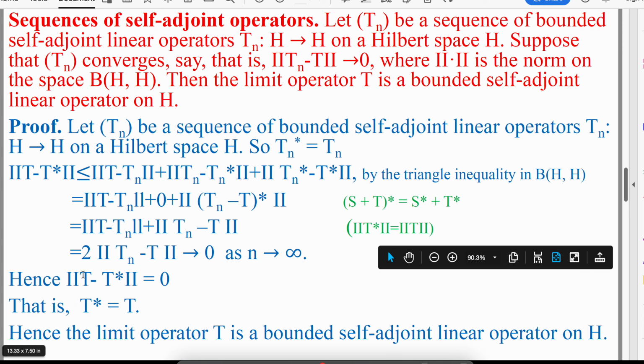It means the norm of T minus T star equals 0, and this is possible only if T star equals T. Hence the limit operator T is a bounded self-adjoint operator on H.